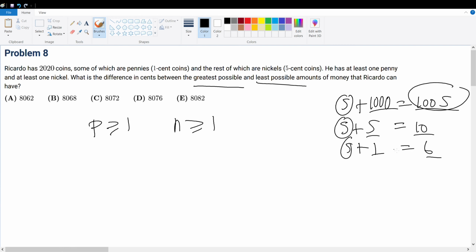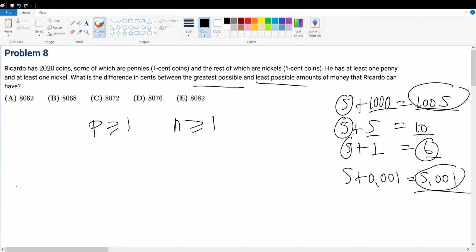If I have smaller numbers, such as 5 plus 0.001, I get 5.001. Notice how much smaller 5.001 is from 6. It's a lot smaller. So when I sum a number that is smaller and smaller, the ultimate quantity gets smaller with it. That is the understanding we need to solve this question.